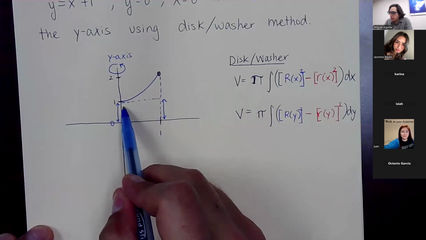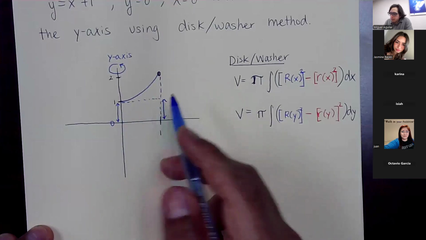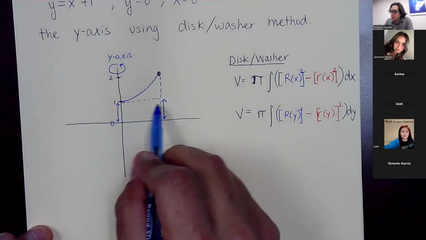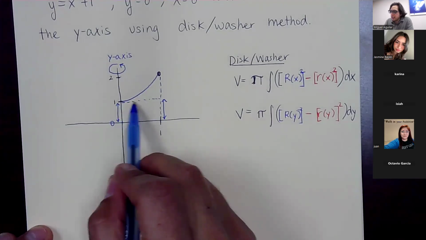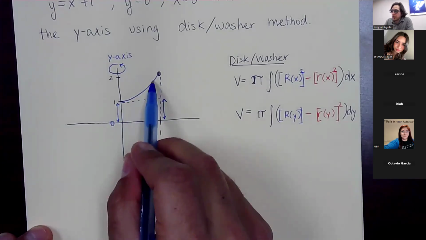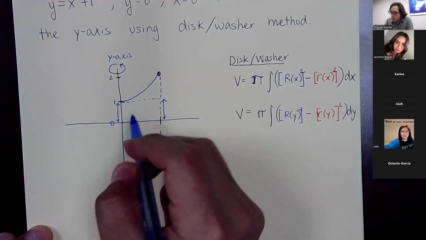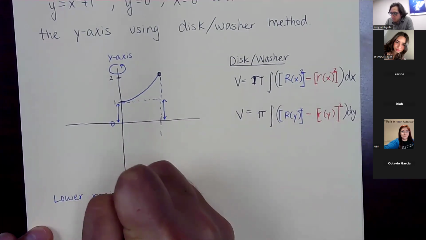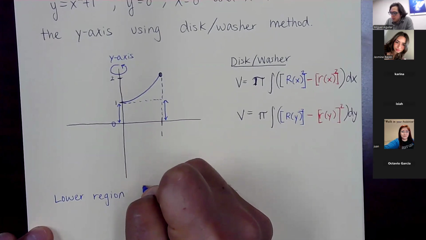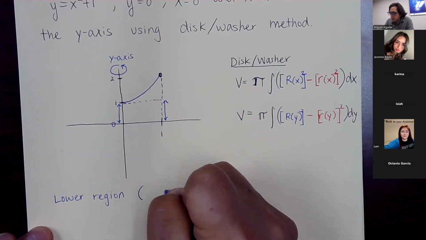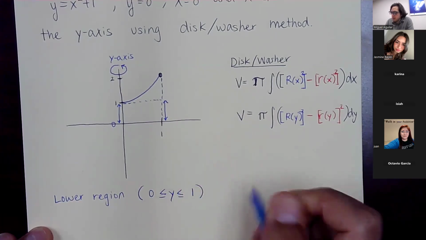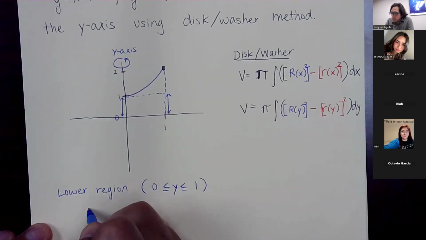For that region, we just need to think about what is the shape of the disk that we're making. And that disk isn't being hollowed out by the function. So you can think about this lower region, which goes from a y value starting at 0 and then going to 1, as being just a solid cylinder.